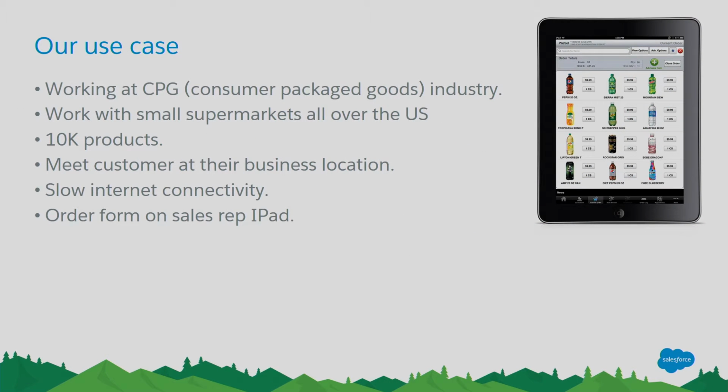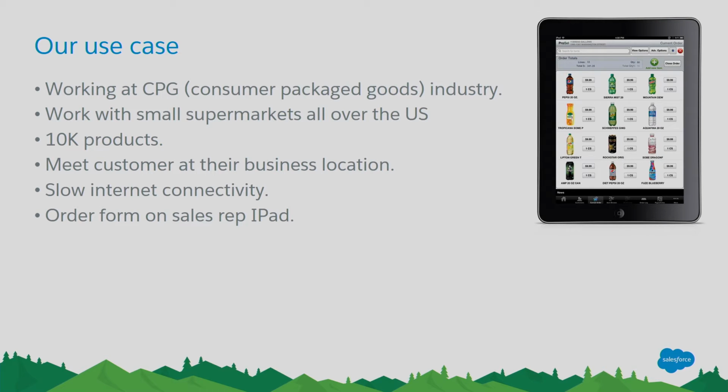Okay, so we'll talk about our use case, and then we'll try to see several approaches to how to do the development for our use case. We're talking about F&B company, which stands for food and beverage, working in the CPG industry.